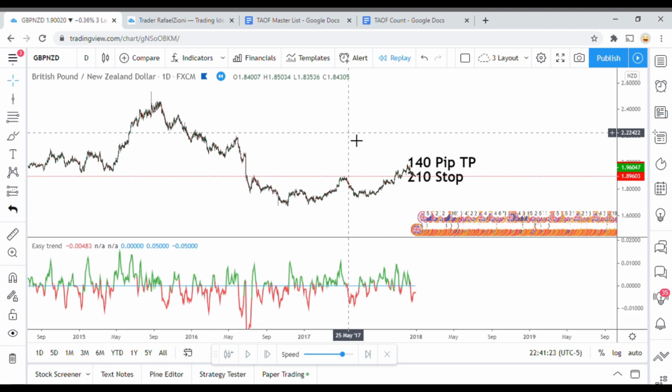Typically, market structure needs to be accompanied by other things, like candle reading, like understanding candle patterns. And even candle patterns, in my opinion, I'm sure there are some people out there who can make it work, but for the most part, even using candle patterns aren't enough.